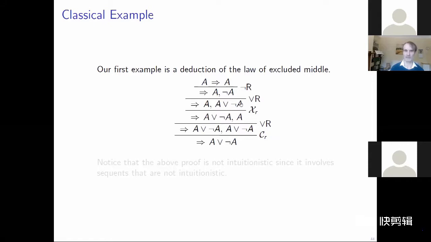And then you can apply an OR rule to bind these two together. Yeah, and then you can do another OR rule and finally a contraction, and you end up with A or not A, excluded middle. As you see, this is not an intuitionistic deduction because there are two formulas occurring in the succedent here after the arrow.